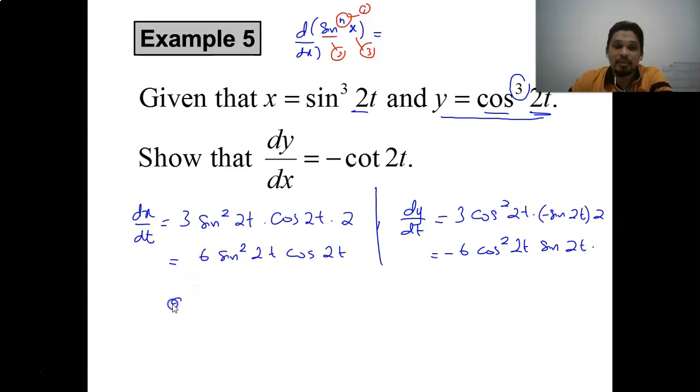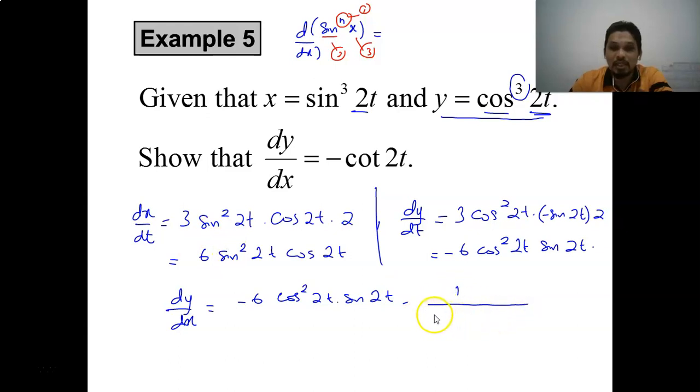So now dy/dx equals dy/dt, negative 6 cos squared 2t sine 2t, over dx/dt. So dt/dx equals 1 over everything here, so 1 divided by 6 sine squared 2t cos 2t.